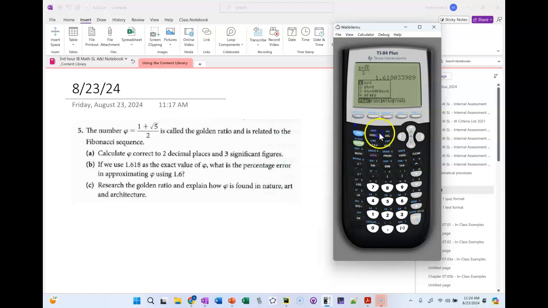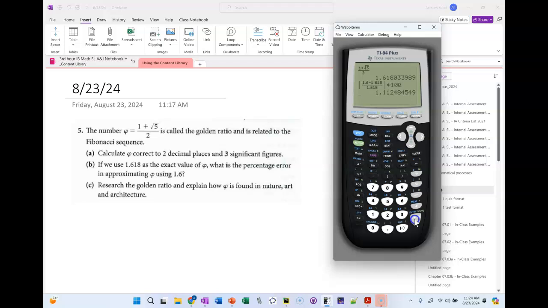So I'll do alpha, y equals, first option. And I'll do the approximate minus the exact over the exact times 100, enter.